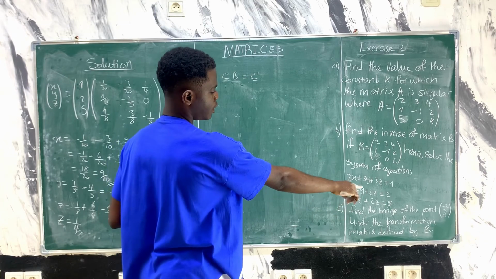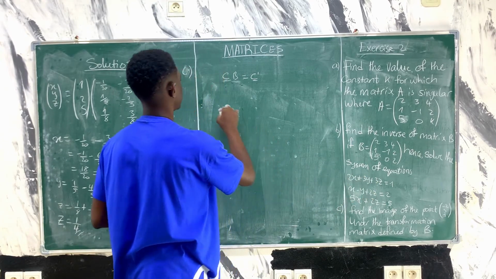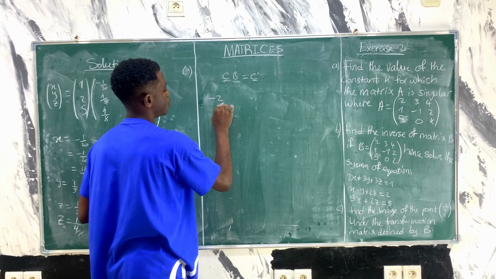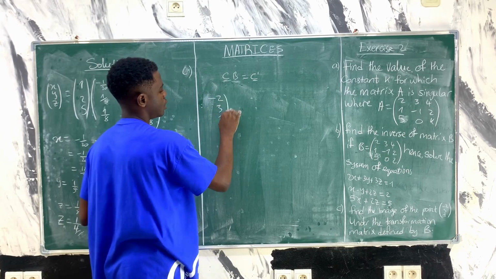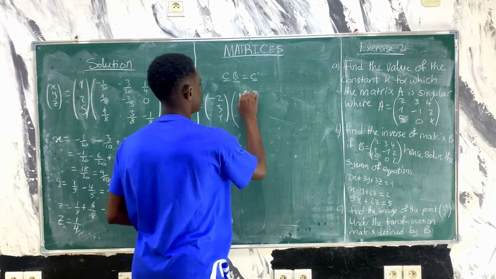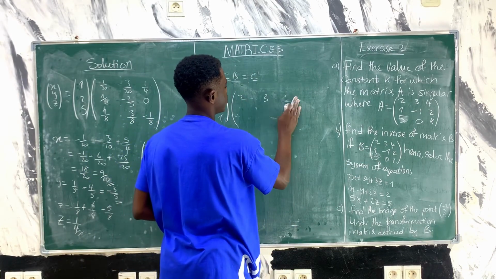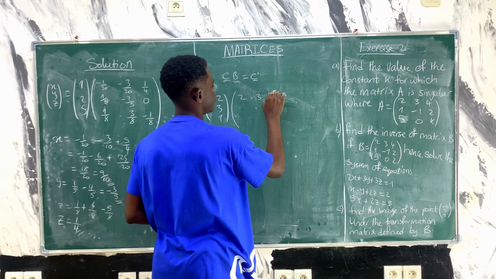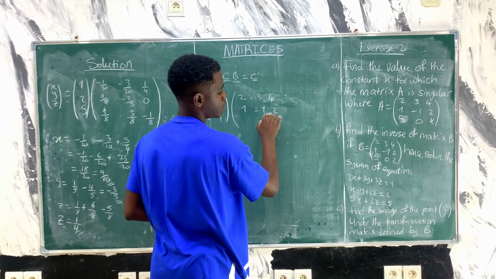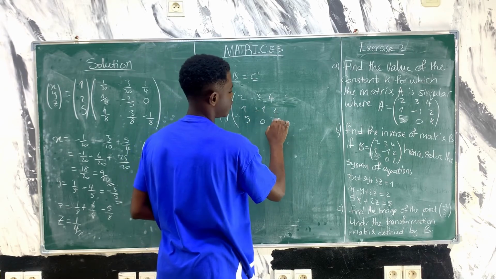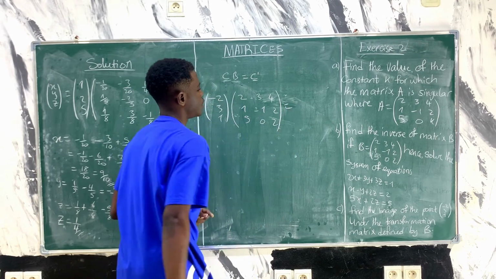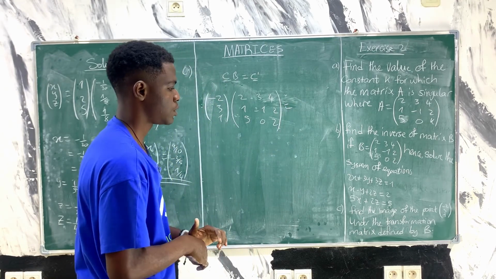So C here is negative 2, 3, 1, times the matrix with rows 2, 3, 4, 1, minus 1, 2. What is it equal to? Actually, that's the image.